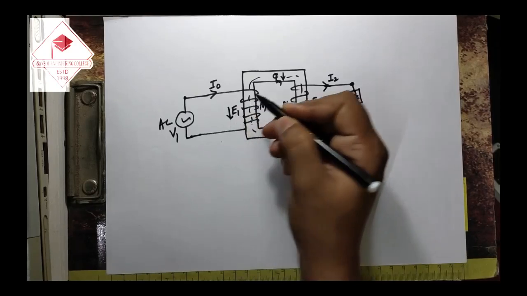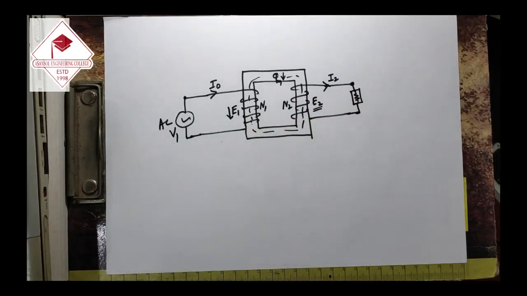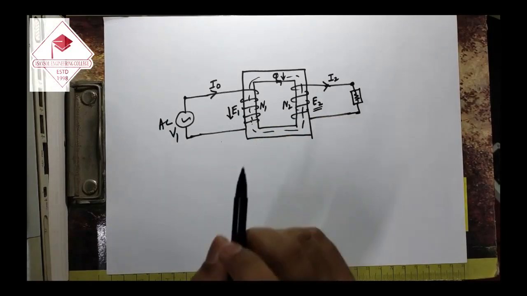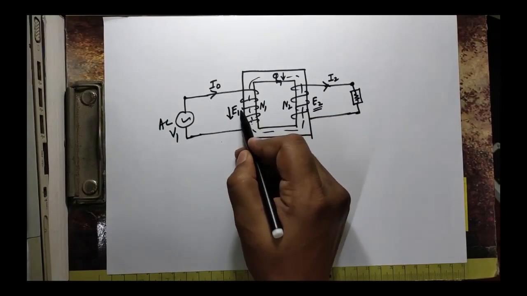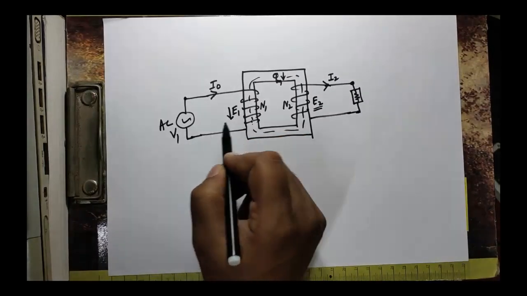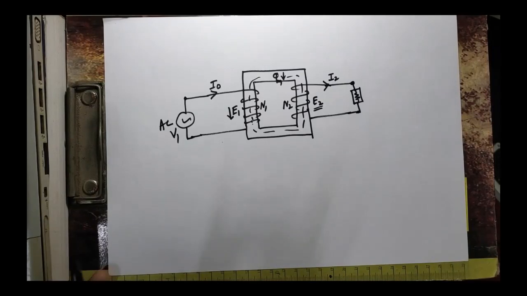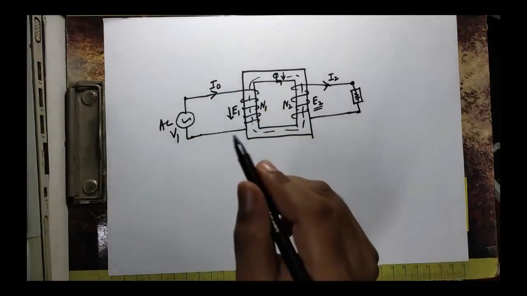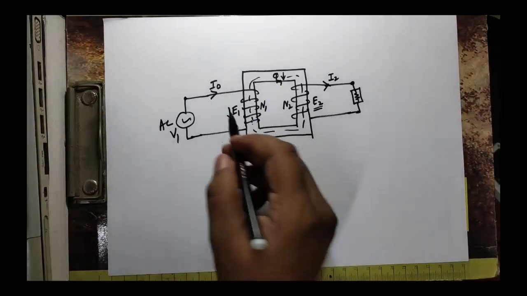Okay. See, now, before going into details, first I must tell you that this E1 was actually opposing this V1. Okay? Why? Again, due to Lenz's law. So how can I write the equation, right?